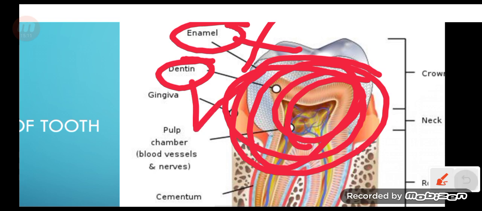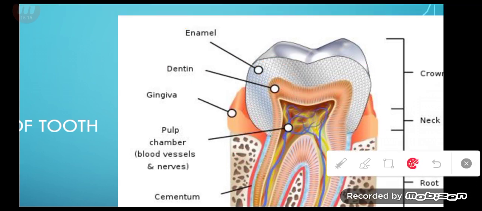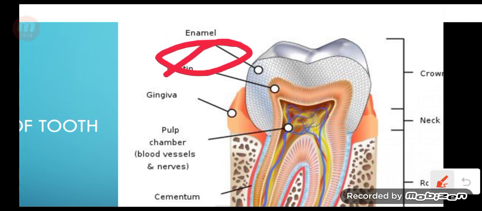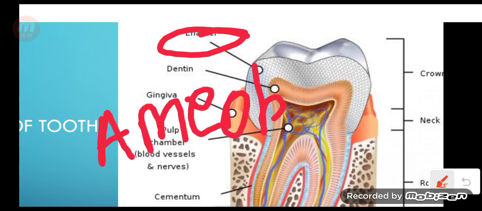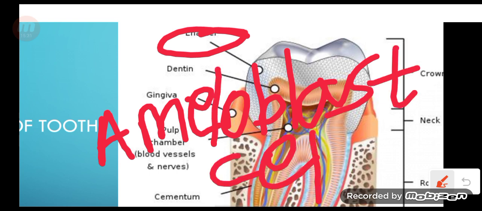Here we should remember one point: enamel is secreted by which cells? Ameloblast cells.